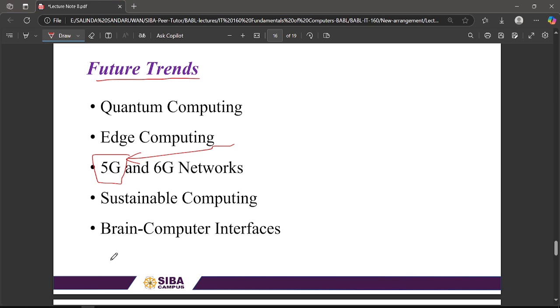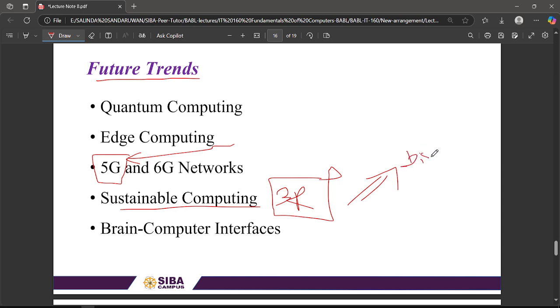Right. So then, sustainable computing. What is sustainable computing about? Yes, we have the 3R concept, right? Reduce, recycle, reuse. But then there's a huge problem out there. If you dispose any electrical device, you can't just throw it into the environment, right?